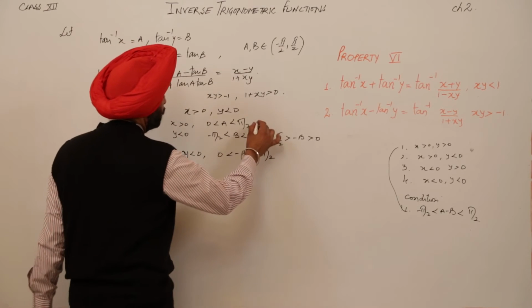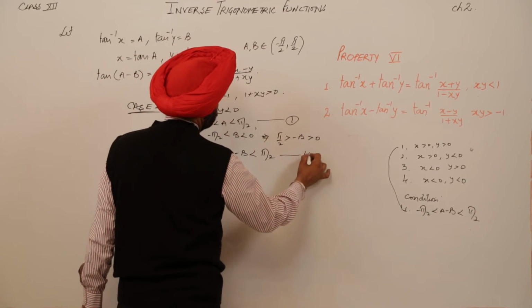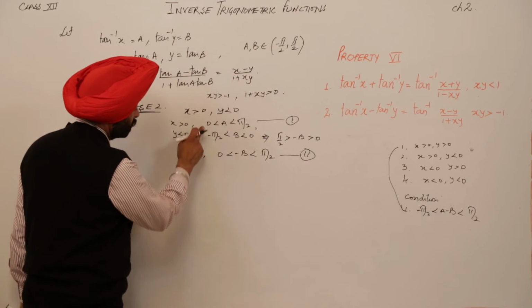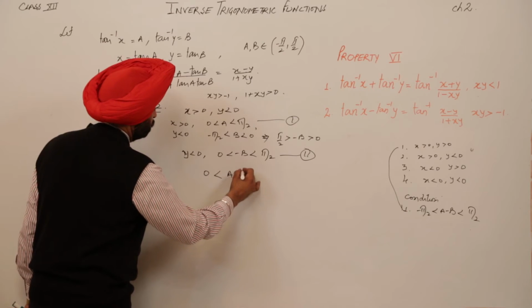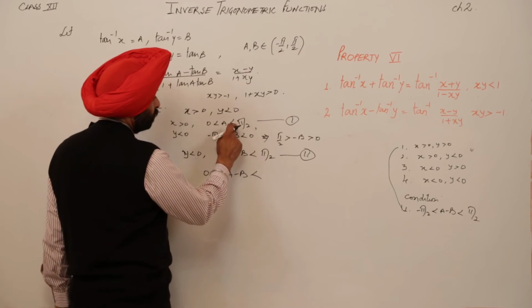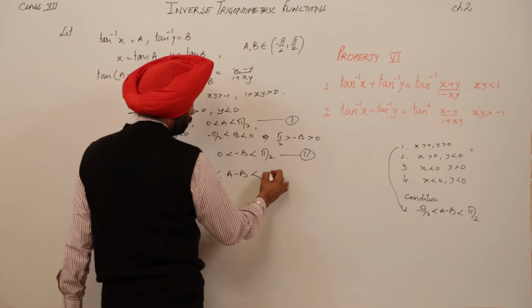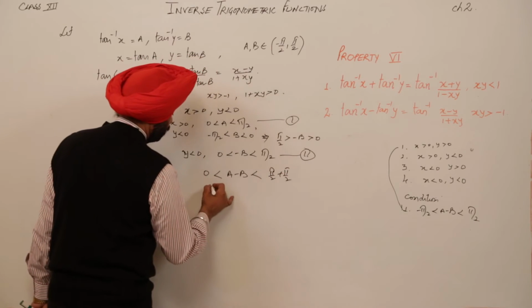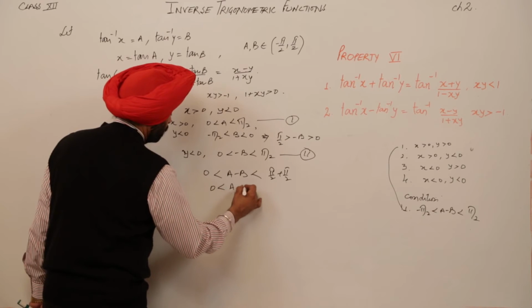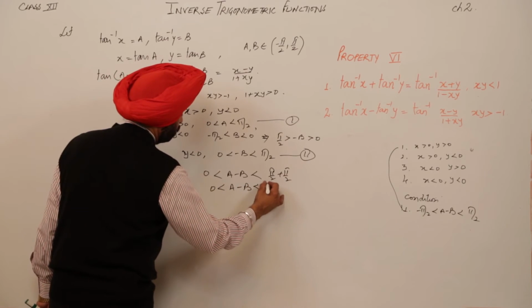Now adding these two, first and second, we get 0 plus 0, 0 is less than a minus b is less than pi by 2 plus pi by 2. So we have 0 is less than a minus b is less than pi.